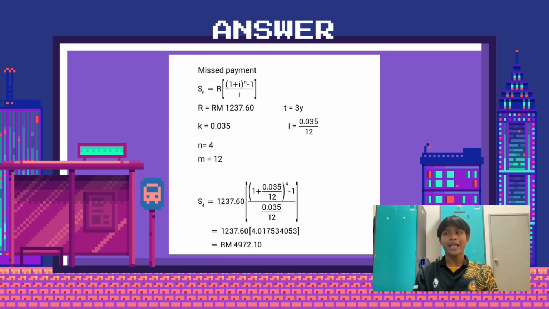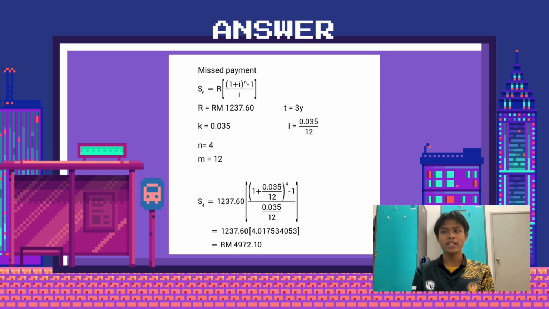So we will use the formula Sn equals R times [(1 plus i) to the power of n minus 1] over i. When we know the formula, we can identify which is R, which is S, and so on. R is RM1,237.60, k equals 0.035, which is 3.5%, n equals 4, m equals 12, t equals 3 years, and i equals 0.035 over 12.